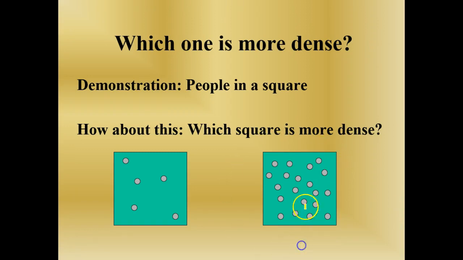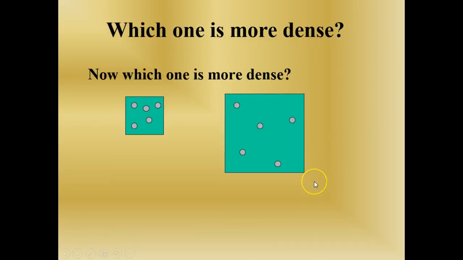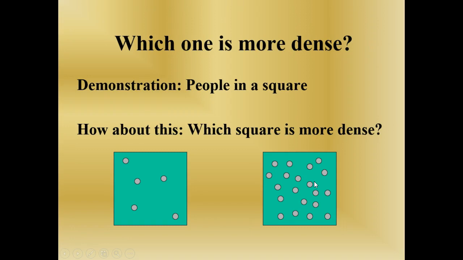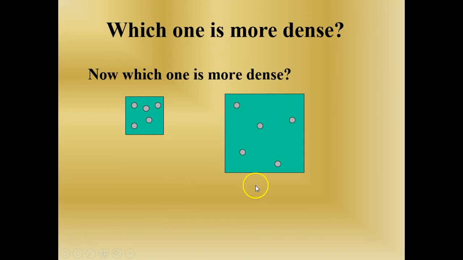Right here, this one is more dense, because there's more people in the square than this one, so you have places to breathe. Now, which one is more dense? If you said this little one, then you are correct. It's got the same amount of people in it, but we have less space.